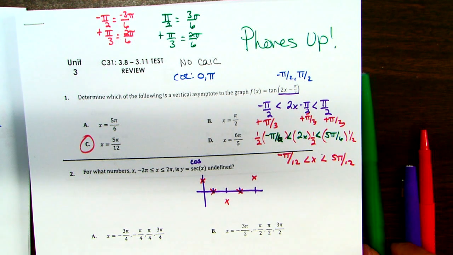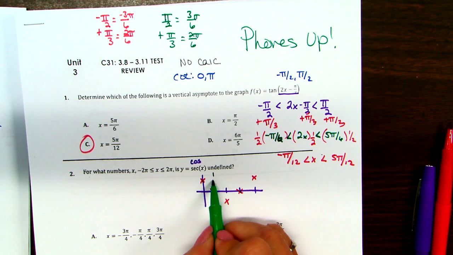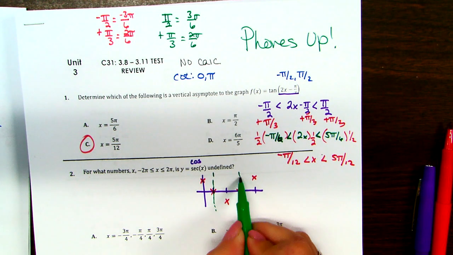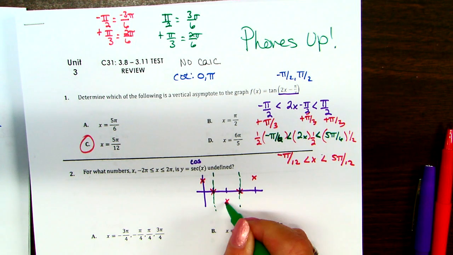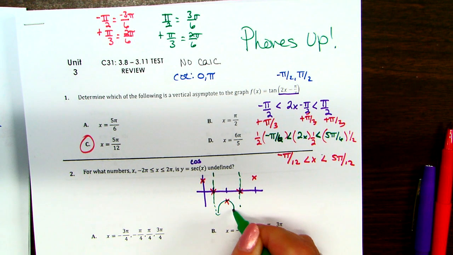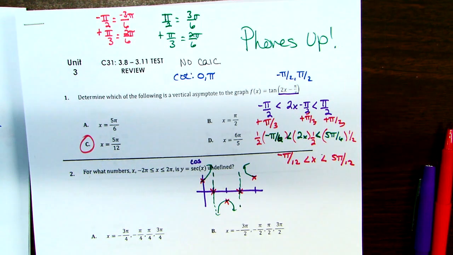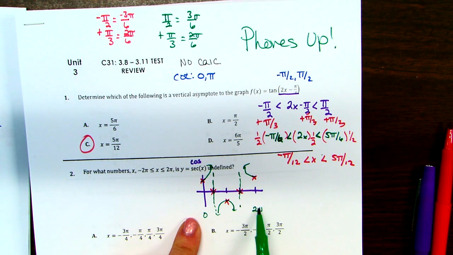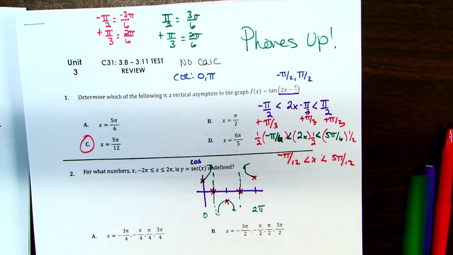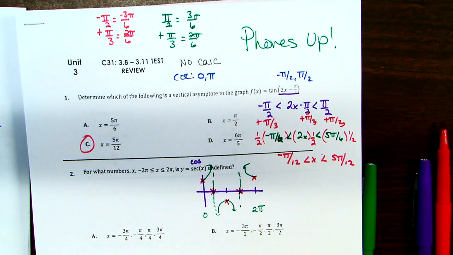Everywhere that I have an x-intercept, I have a vertical asymptote, and then I have curvies at all of my mins and maxes. And this repeats, right? Right now, I just went from 0 to 2 pi. And anywhere that my graph has asymptotes, those are considered undefined, right?